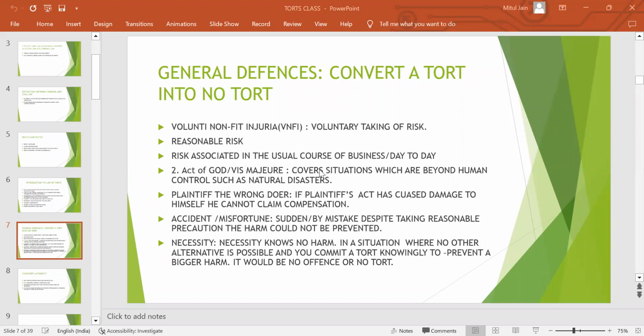Now, let me change the situation a bit. Suppose there is an earthquake, and in this situation only your building collapses and the rest of the other buildings remain standing.